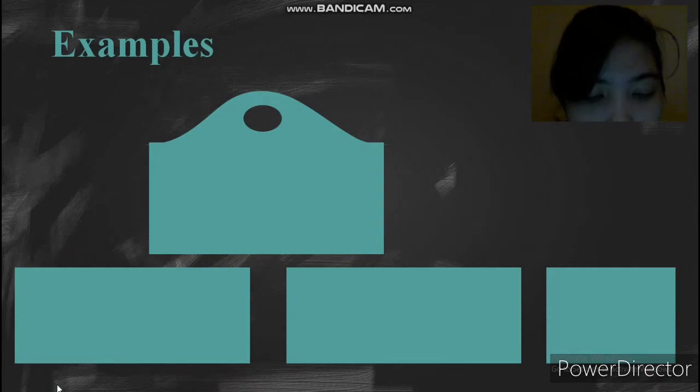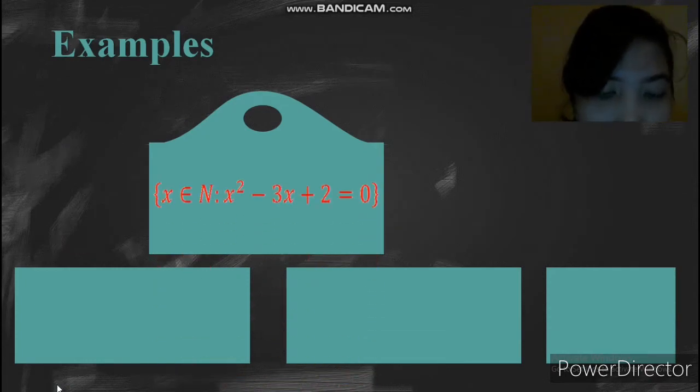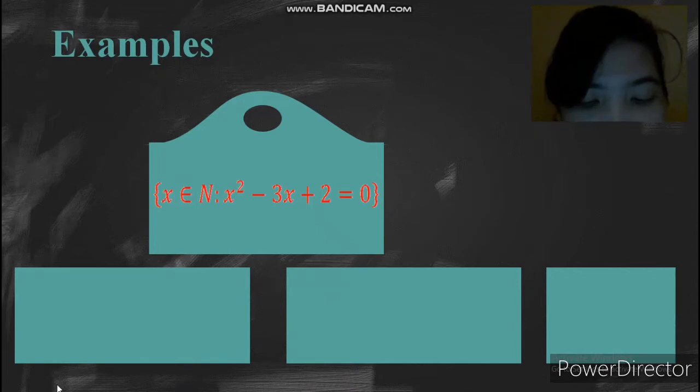For example, the set {x ∈ N : x² - 3x + 2 = 0} consists of the natural numbers satisfying the equation x to the power of 2 minus 3x plus 2 is 0.